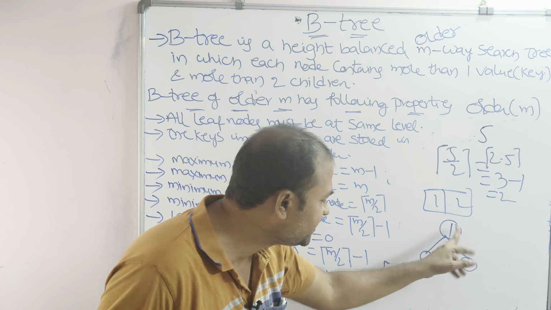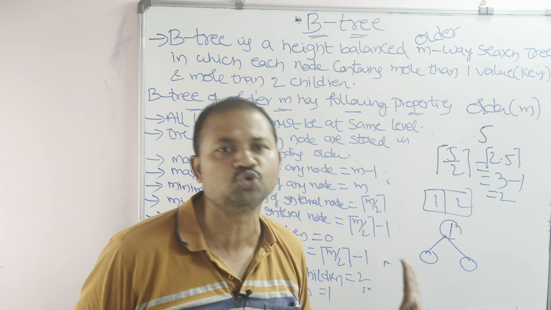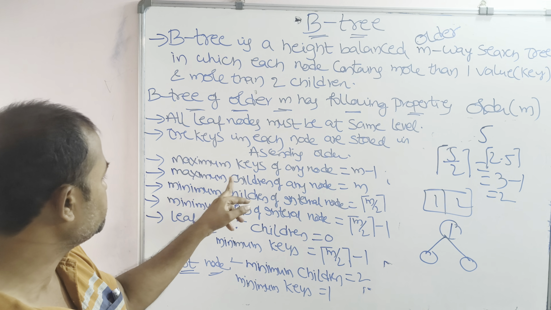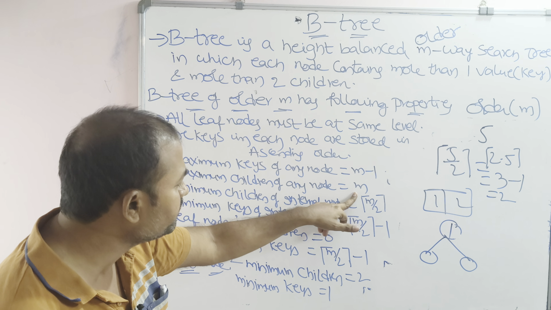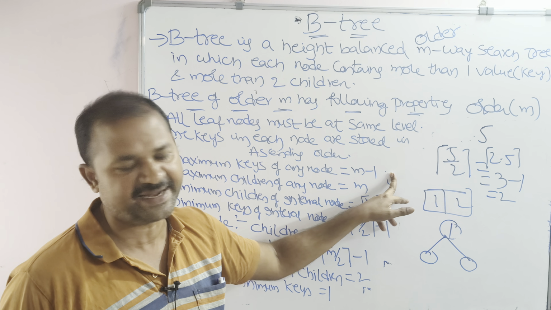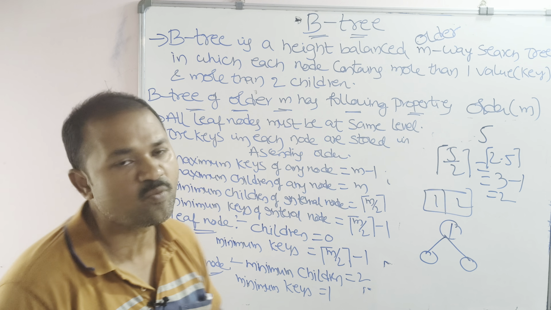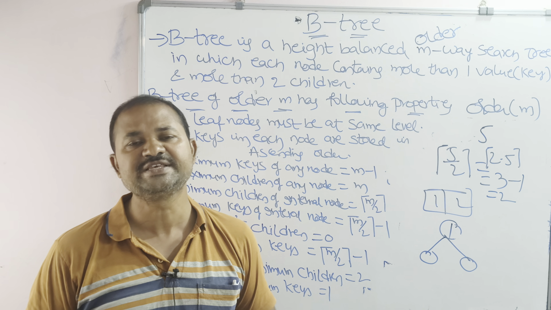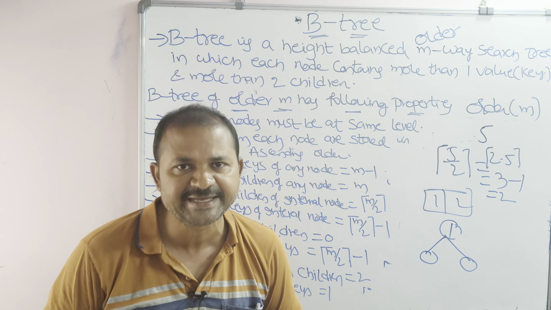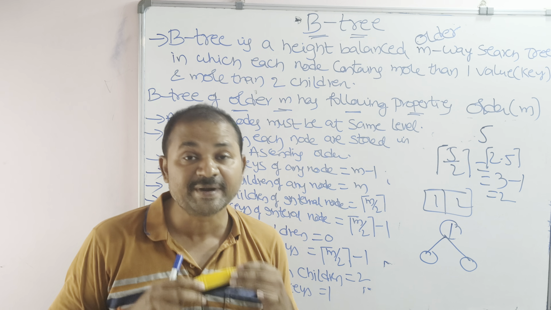So if we have 1 key, then we can have 2 children. Just like the first one, if the children are m, then the keys are m minus 1. Here the children are 2, so keys are 2 minus 1, that is 1. So this is about what a B tree is and the properties of the B tree.